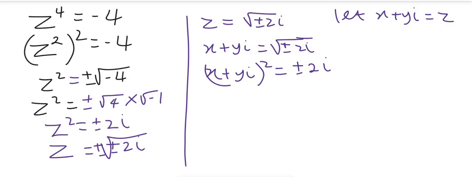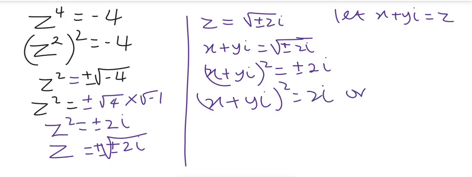Now, in order to move further, what I need to do is to do it one by one. I have x plus yi squared is equal to 2i, or x plus yi squared is equal to minus 2i. So I have two options.